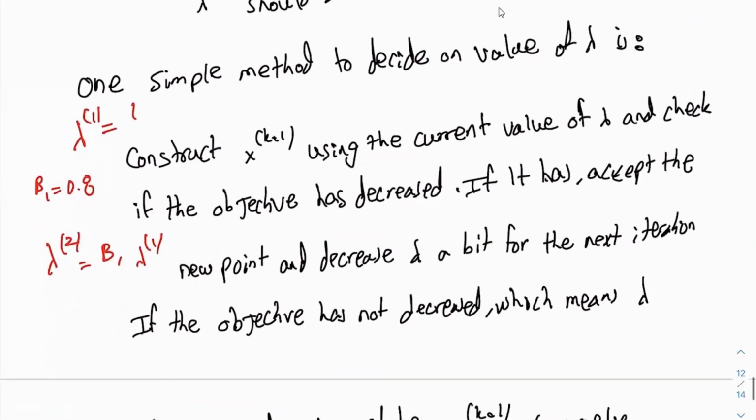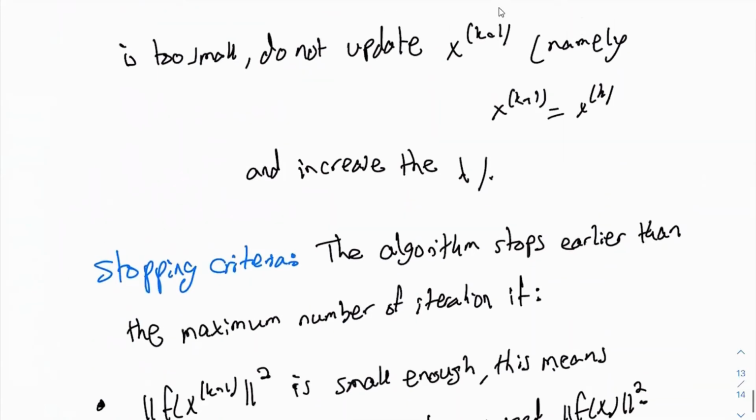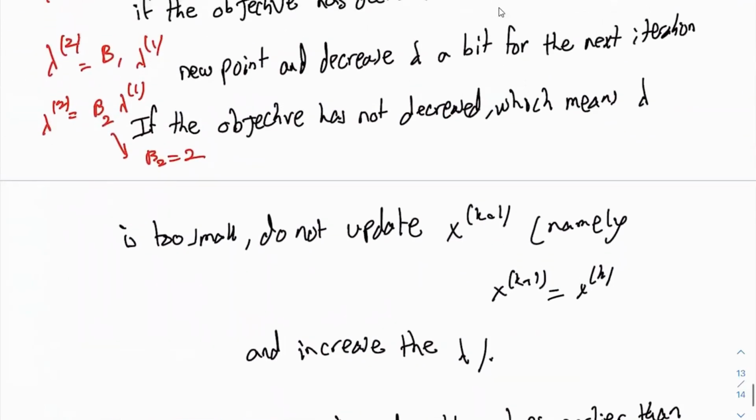So you multiply by another quantity, beta 2 times lambda 1, where this beta 2, for example, is 2. Now lambda gets bigger. You keep doing this in a loop until some sort of convergence happens, some stopping criterion. And that's what I explain here.